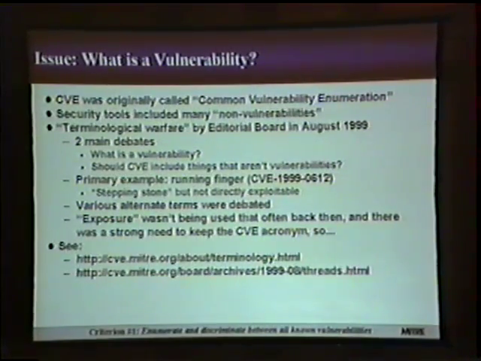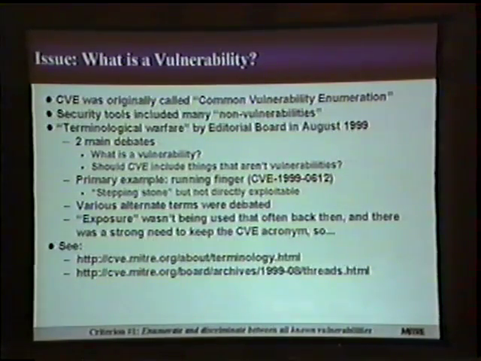It turns out, though, that what we were trying to do with helping integrate information from multiple security tools is that there were a lot of things that security tools looked at or checked that a lot of people didn't consider vulnerabilities. So this resulted in some terminological warfare across different members of the CVE editorial board in terms of what was a vulnerability or what wasn't a vulnerability. In addition, should CVE even include things that weren't vulnerabilities?